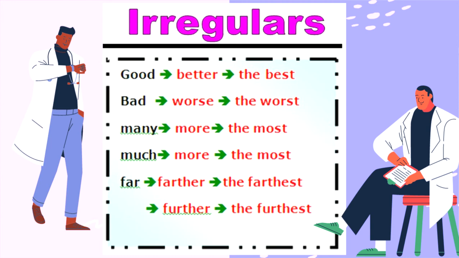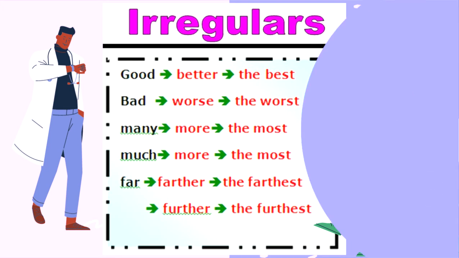Many in comparative is more and superlative the most. Much in comparative is more and superlative is the most. And finally, I have far. In comparative is farther or further, and the superlative form is the farthest or the furthest.